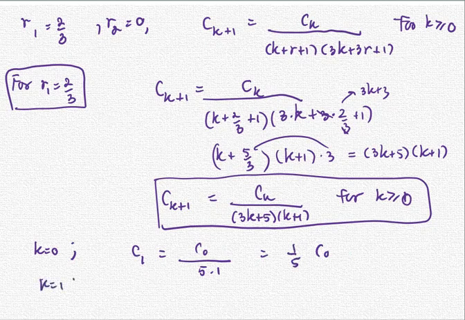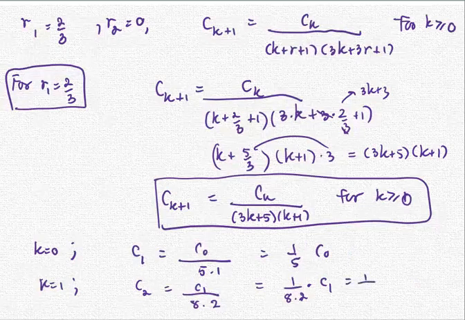For k equals 1, we get c2 equals c1 over, the bottom is 3 times 1 plus 5, which is 8, multiplied by 1 plus 1, that is 2. So we get 1 over 8 times 2 times c1, and where c1 is 1/5 times c0, we get 1 over 16 times 5, which is 80, c0.